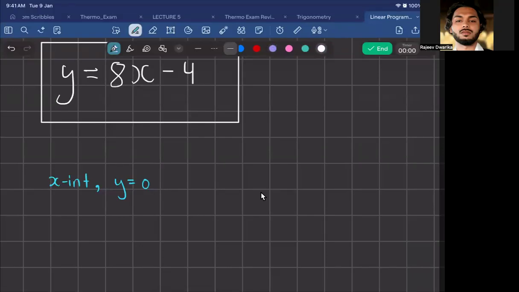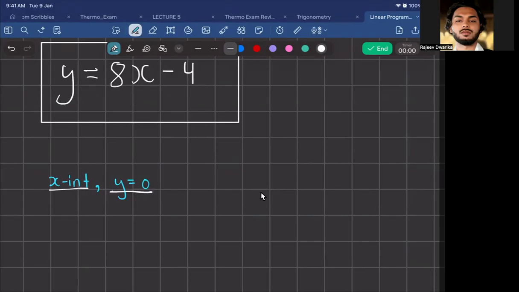So what next, Sahara? Y is equal to 8, and you put 0 in brackets, minus 4. But hold up, Sahara. If we did the x-intercept, we know that the y value is 0, correct?